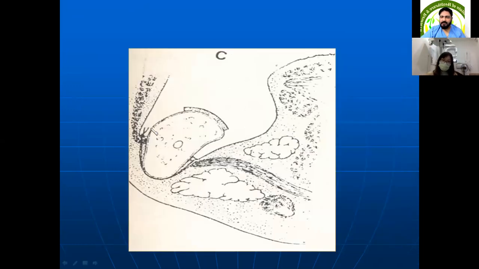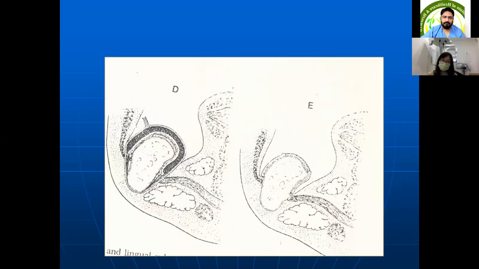Raw area is there, it will granulate. Rubber tubing is given over it so that the flap does not migrate onto the raw area.